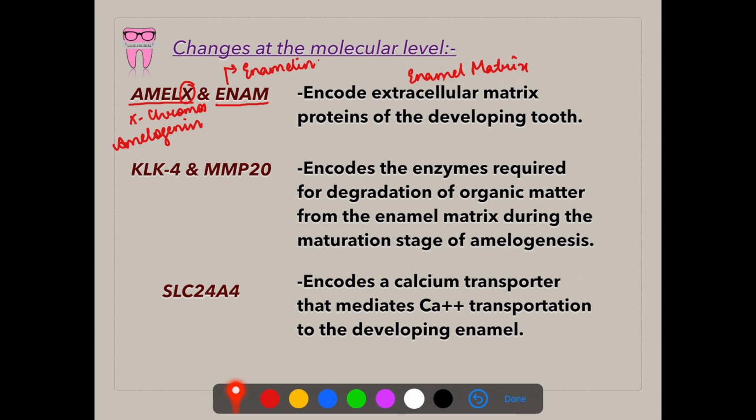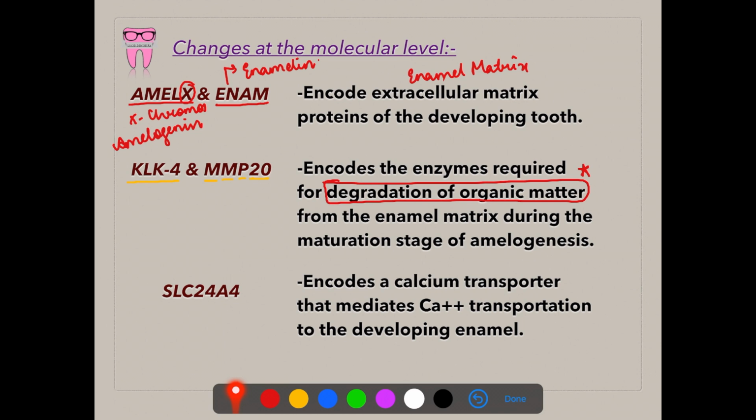Now next two genes are kallikrein 4 and matrix metalloproteinase 20. These two genes encode for enzymes which are responsible for degradation of organic matter. Any mutations in these genes result in improper degradation of organic matter, which eventually causes improper mineralization.